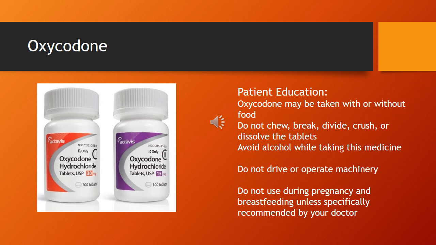Oxycodone may be taken with or without food, so the patient does not have to take it one way or the other. It can be taken either way. They should also be told not to chew the pill, not to break it, divide it, crush it, or dissolve the tablet, and that they should also avoid alcohol while taking this medication.